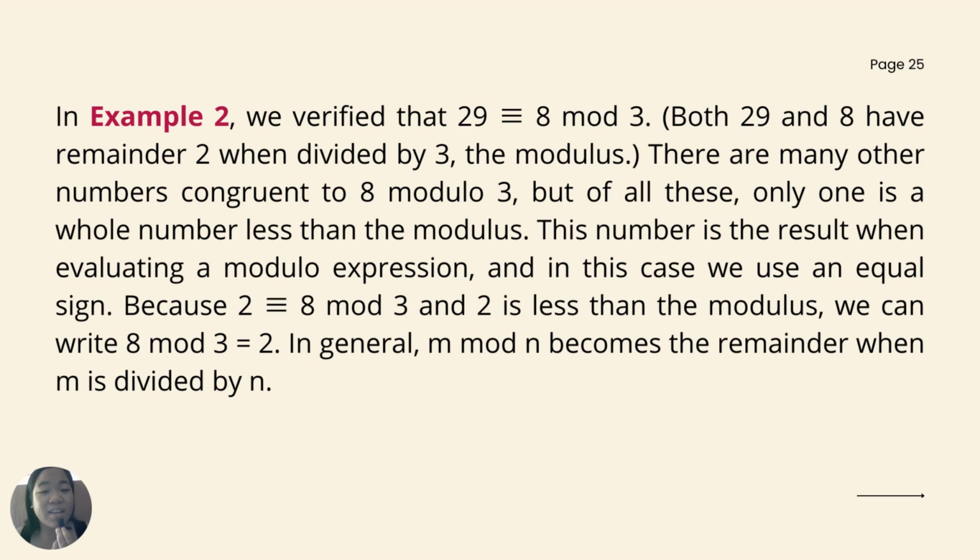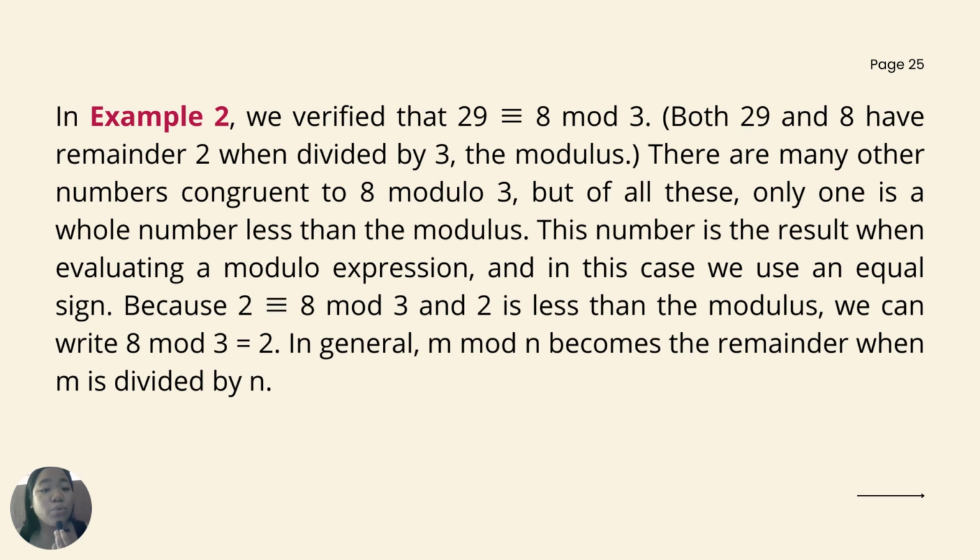There are many numbers congruent to 8 modulo 3, but of all these, only one is a whole number less than the modulus. Our modulus is 3, so it should be less than that. This number is the result when evaluating a modulo expression, and in this case, we use an equal sign.